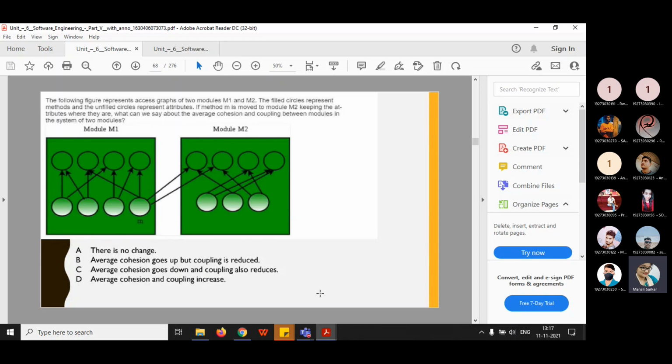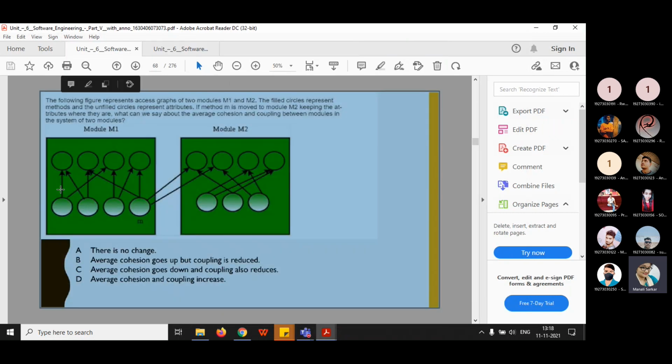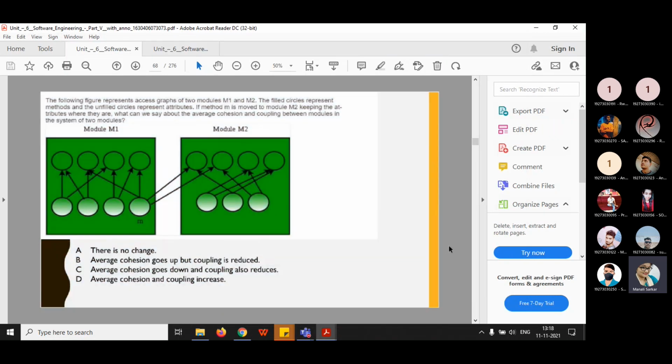Please write in the chat box which option you feel is correct. Try to visualize and understand what is going on, and if you don't understand, you can give wild guesses. What can be the correct answer?